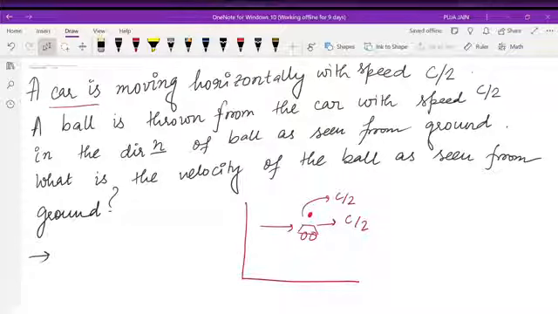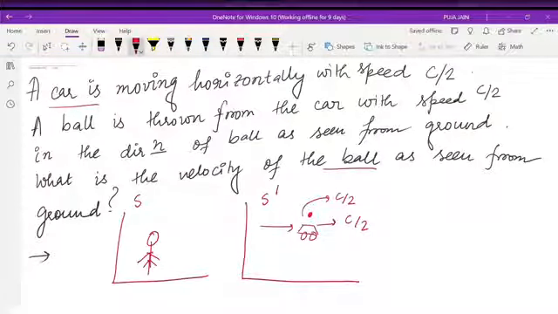So there is an observer who is seeing that this ball is being thrown from the car. This is our S frame and this is our S dash frame. Who is seeing from the ground? This man, right? So we need to find Vx.